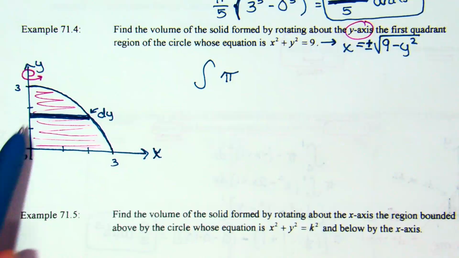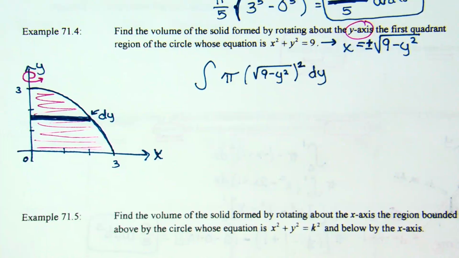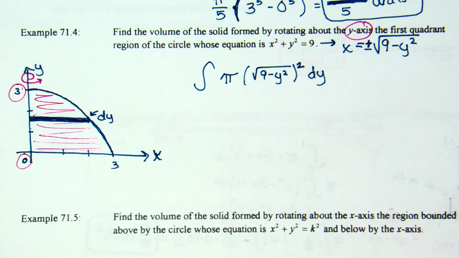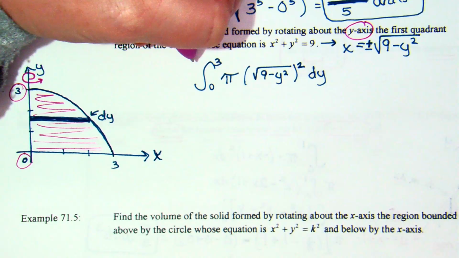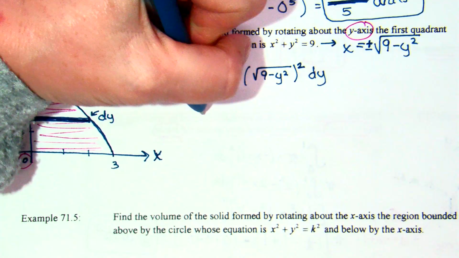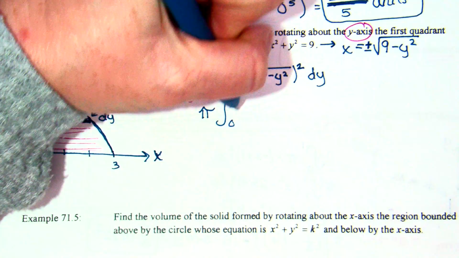Evaluated from, what are my boundaries? 0 and 3. And notice I circled the 0 and 3 on the y-axis because I cannot stress enough, working with y, use y's. Okay, I'm going to pull the pi out, from 0 to 3. What's nice about this? What do you get when you square the square root? 9 minus y squared, times dy.